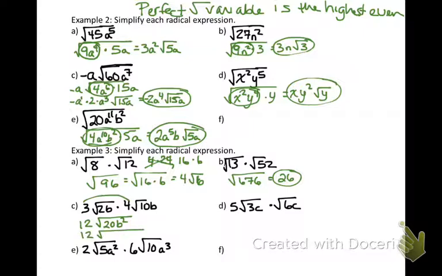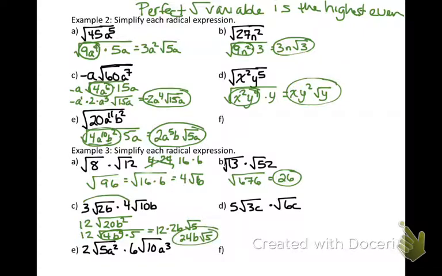So it's going to be 4 and 5, and b squared is an even number, so you leave it like that. And so it's going to be 12 times 2b square root of 5. And 12 times 2 is 24. Have the b, and then square root of 5.